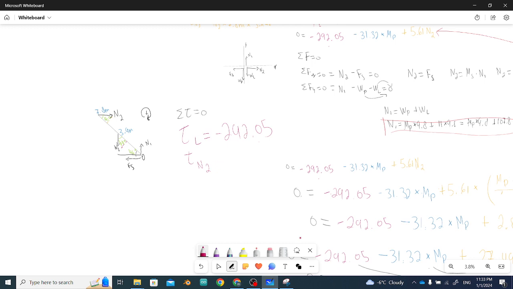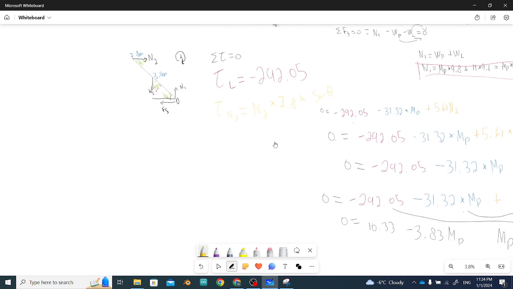We don't really know this one, but we can try. So torque due to N2 would be the force of N2 times 7.8 times sine of the angle that we will choose, so times sine of theta. So now we have two unknowns again.